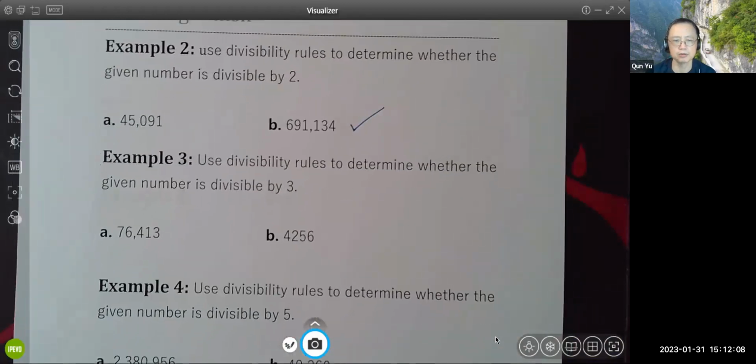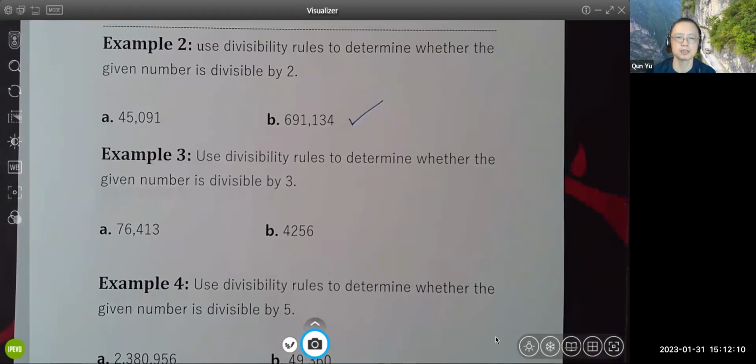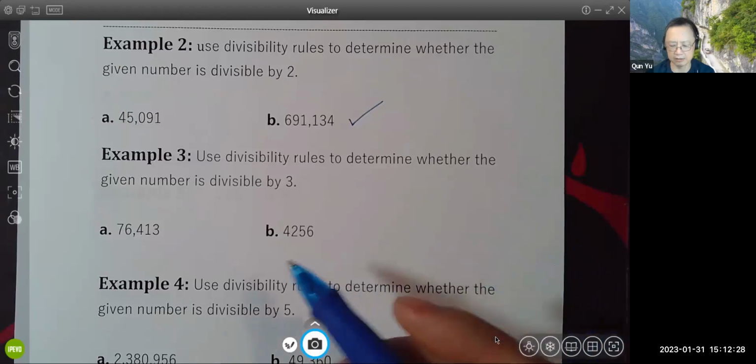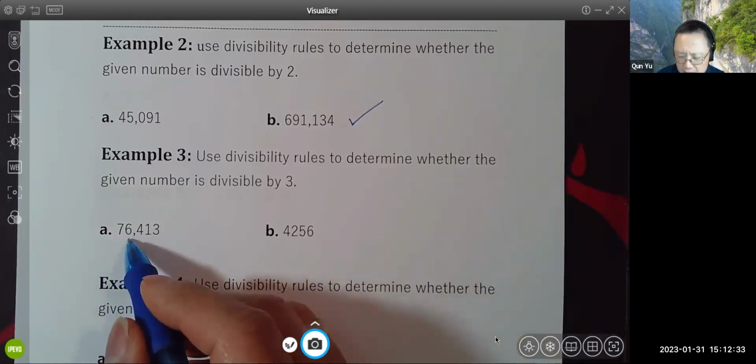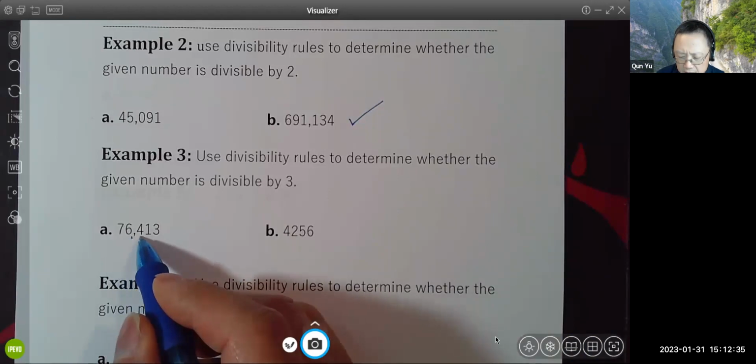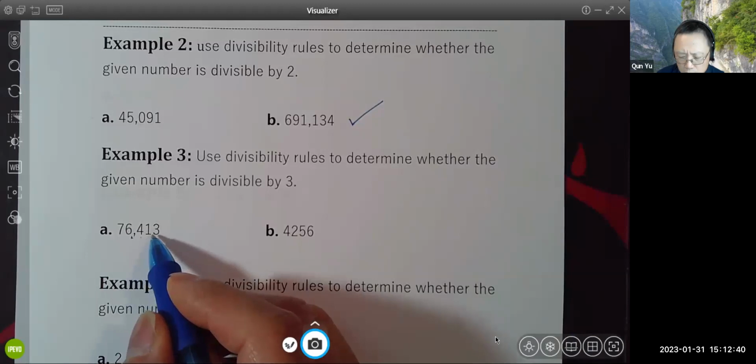Now, example 3. Use divisibility rules to determine whether the given number is divisible by 3. So we need to consider the rules for the divisibility test for 3. We know if the sum of the digits can be divided by 3, then the number itself can be divided by 3. So we need to add those digits together. Let's do this one by one. 7 plus 6, 13, 17, 18, 21.